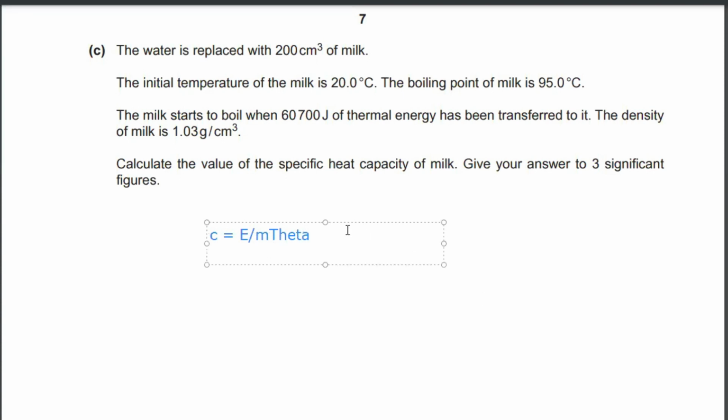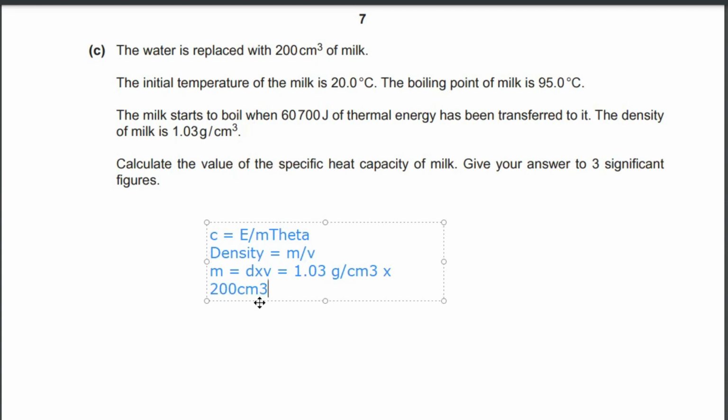We want to find the specific heat capacity, but to find it, we should know the mass, and they have given us the density and the volume. We know density is equal to mass divided by volume. So mass would be equal to density, let's say small d, multiplied by the volume. So it will be equal to 1.03 grams per centimeter cube multiplied by 200 centimeter cube.